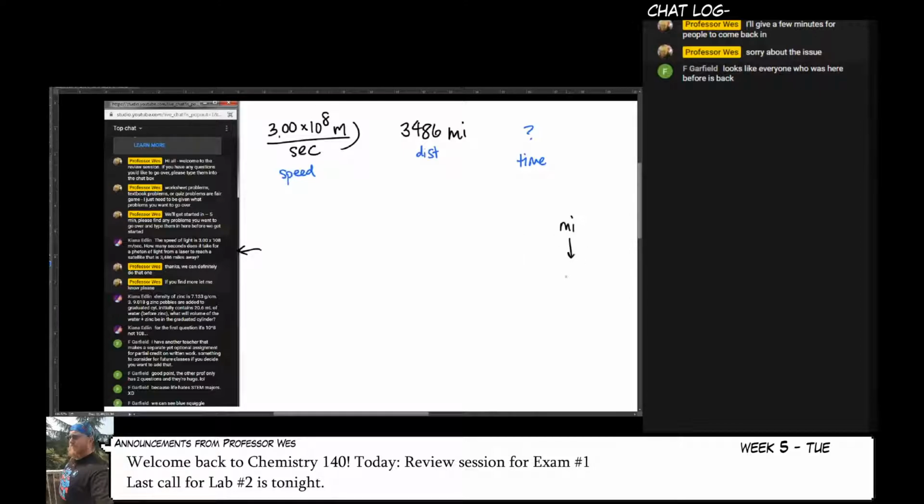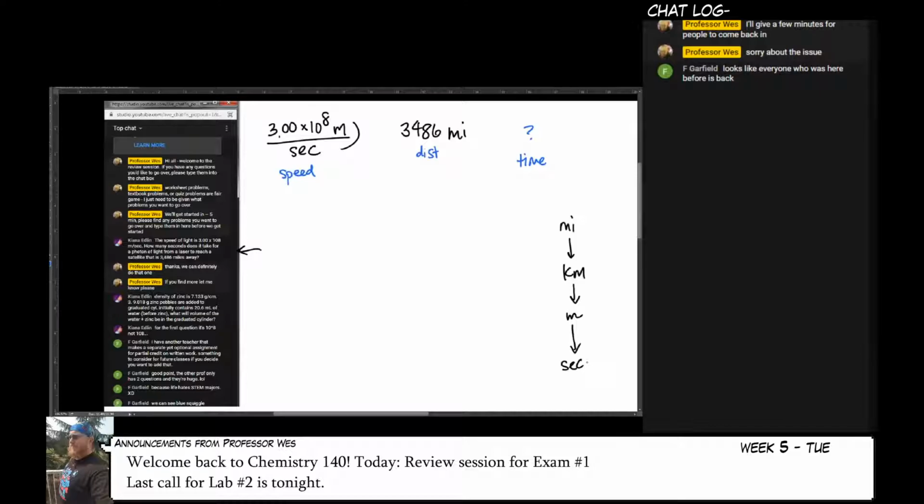So I need to get to meters somehow. Something like this would work. I can turn miles to kilometers and kilometers to meters. If I know how many meters away the satellite is, then I know how many seconds away it is. So that would turn this into seconds, and then we'd be able to answer the question.